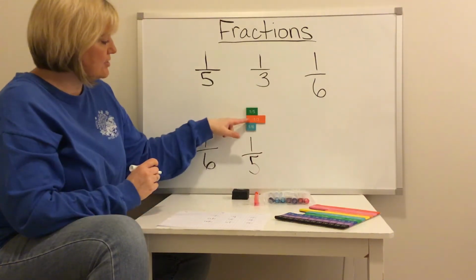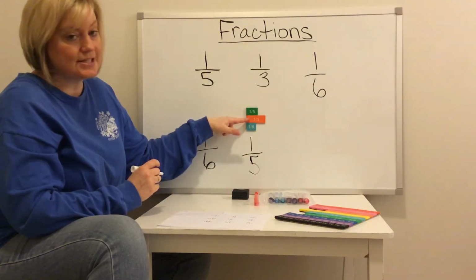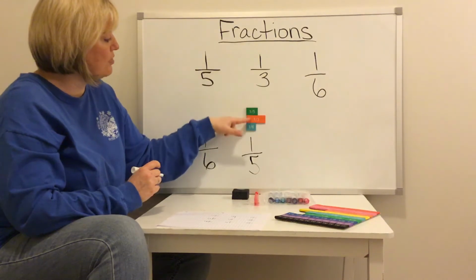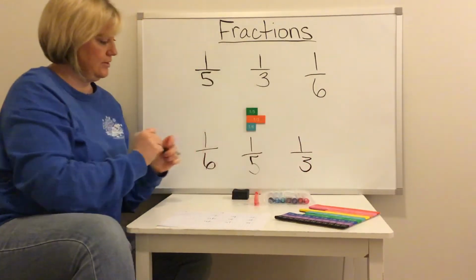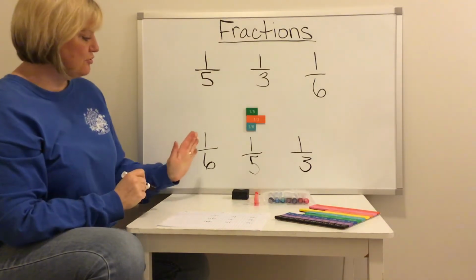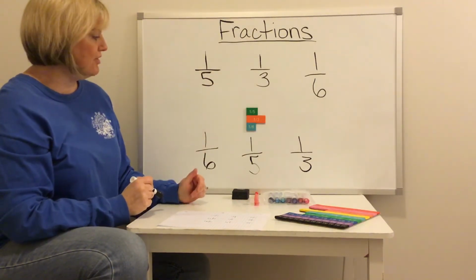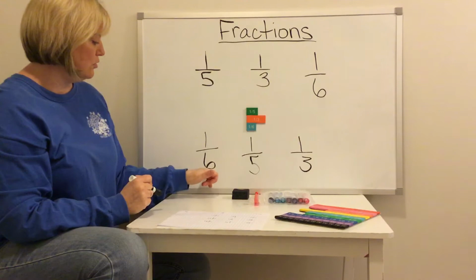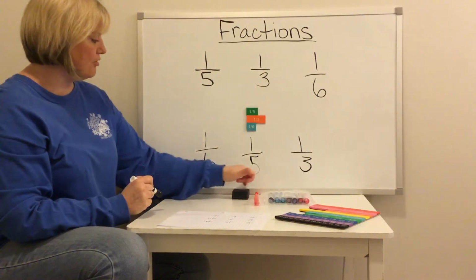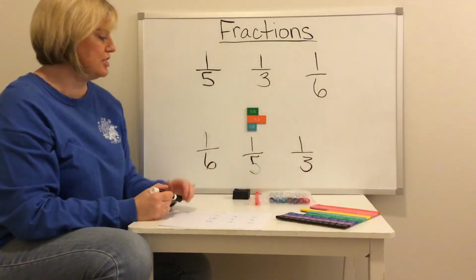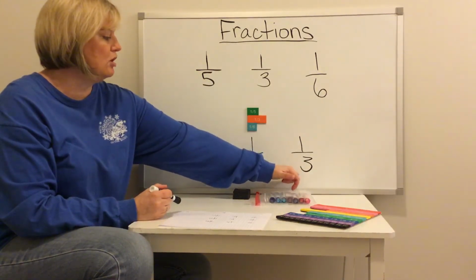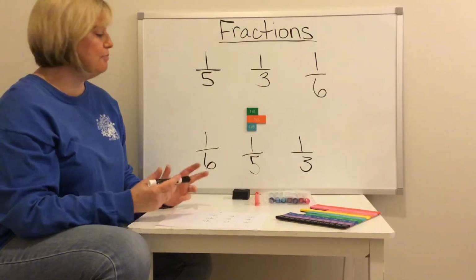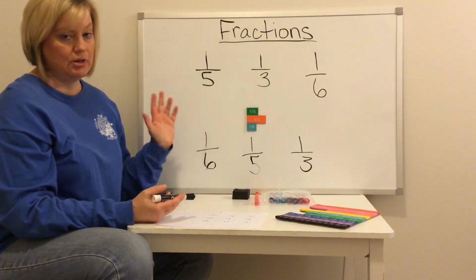And your greatest is the one that has the smallest denominator, 1/3. Right? So it's the opposite of what you would probably think, okay? You start with the biggest denominator, then go down to the smallest denominator to go least to greatest. The one with the smallest denominator is going to have the biggest piece with unit fractions.